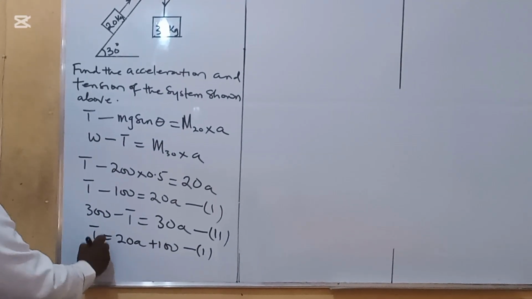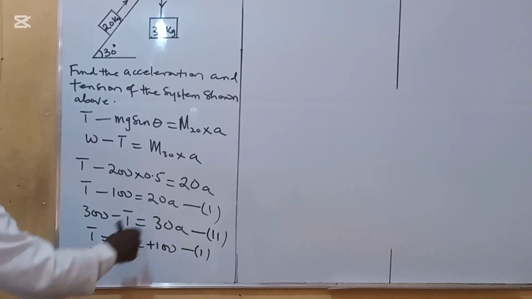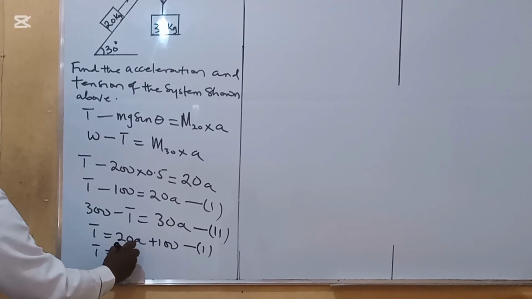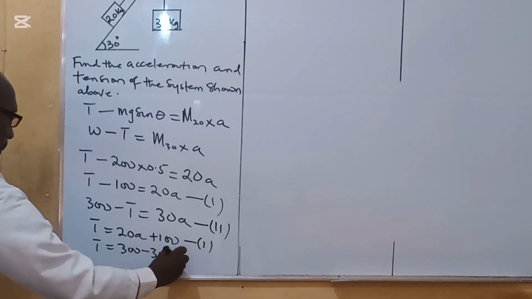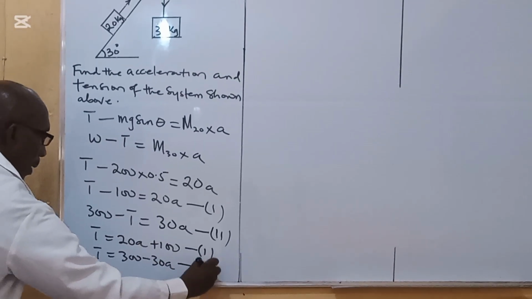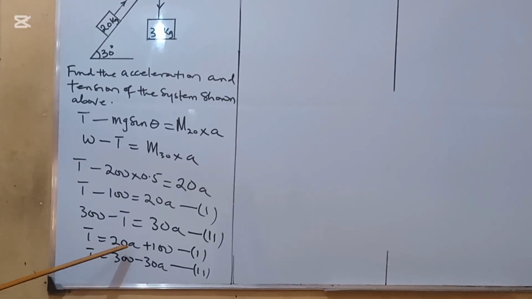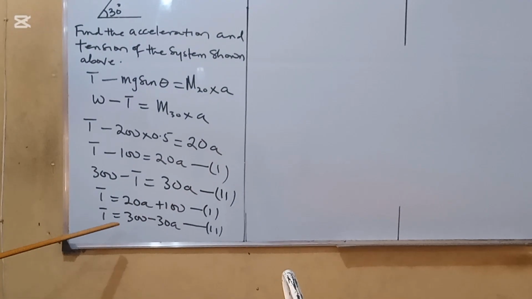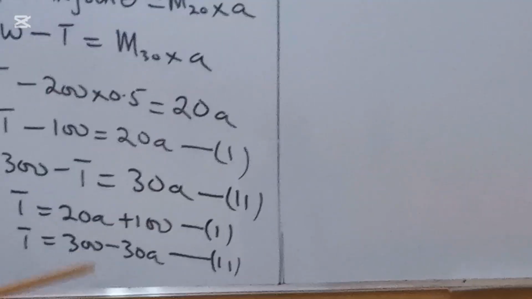Our T is equal to 300 minus 30A. Let's call this one equation number 2. From equation 1, we have T is equal to 20A plus 100. From equation 2, we have T is equal to 300 minus 30A.